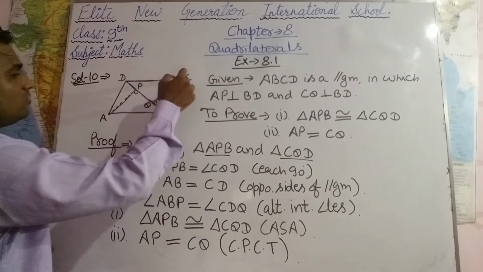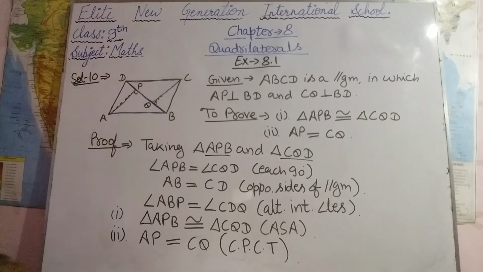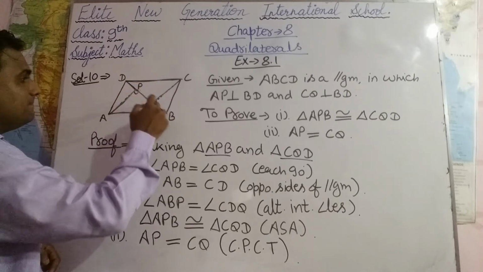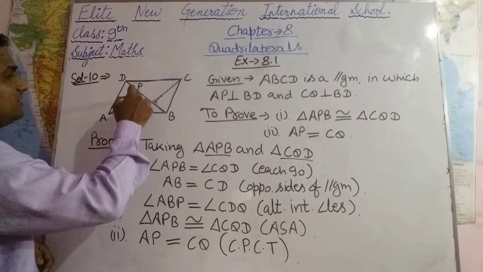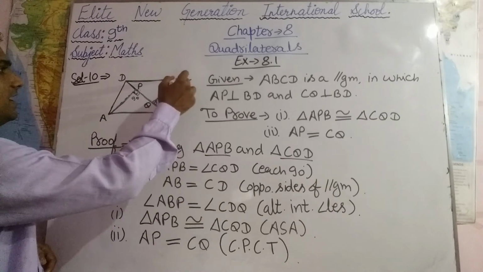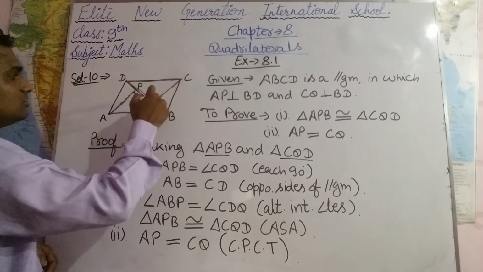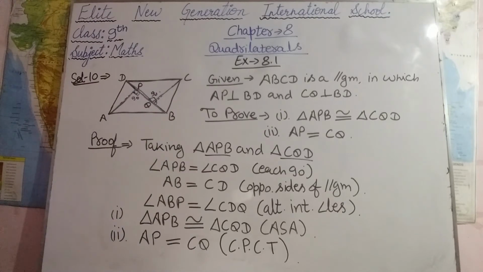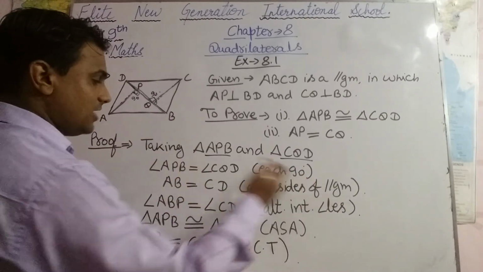In these two triangles, first of all angle APB is 90 degrees, and angle CQD is also 90 degrees. So we can write here each 90 degrees.